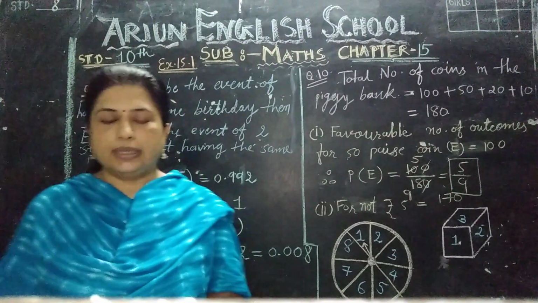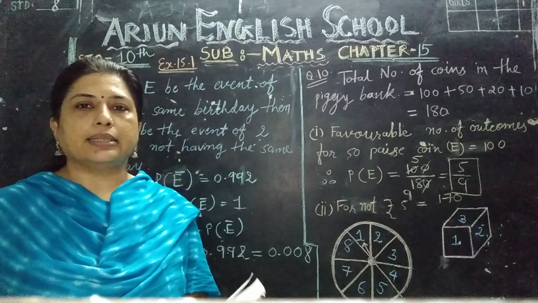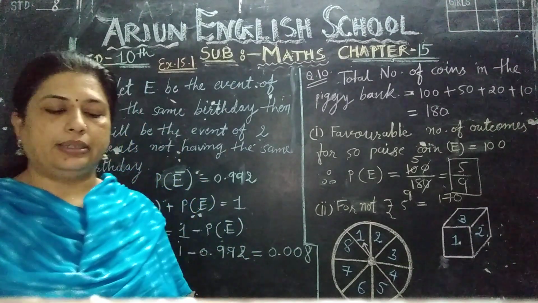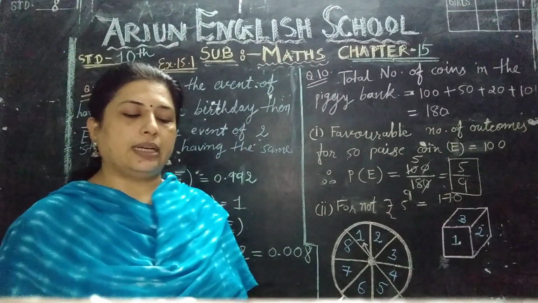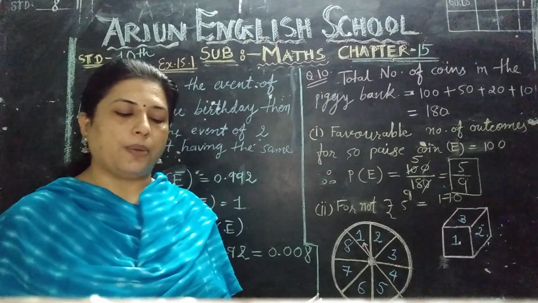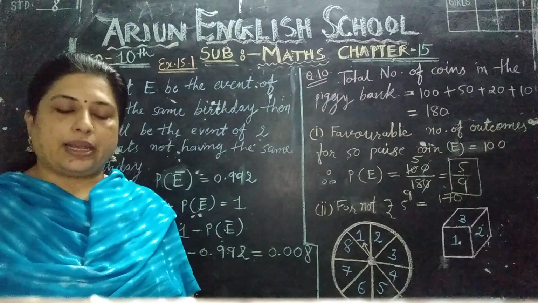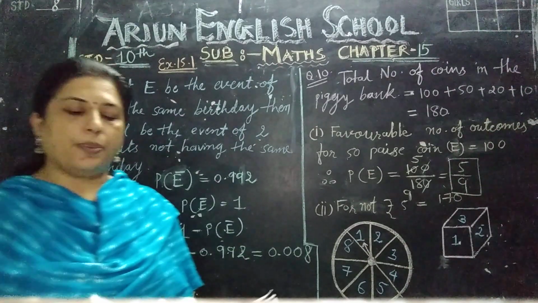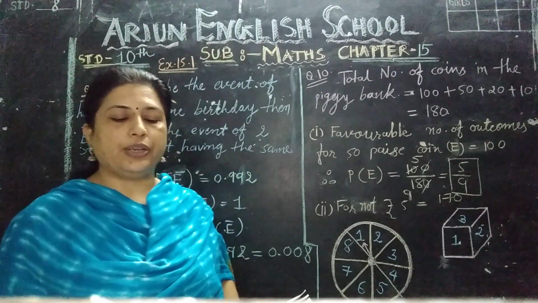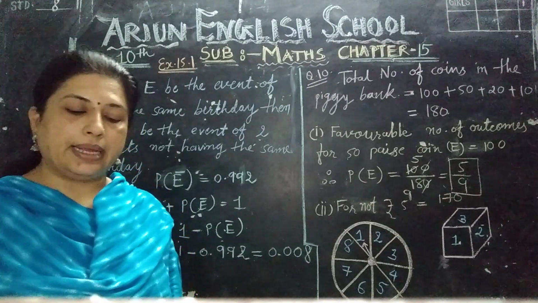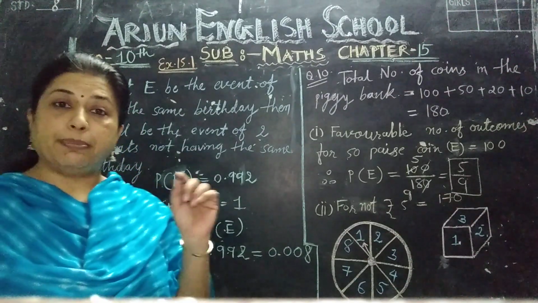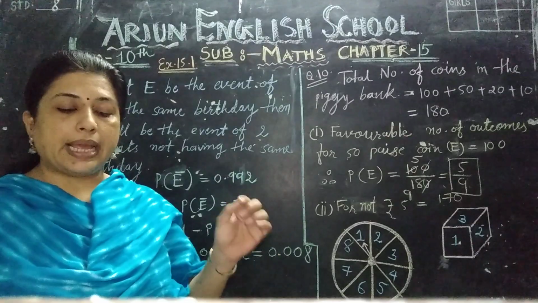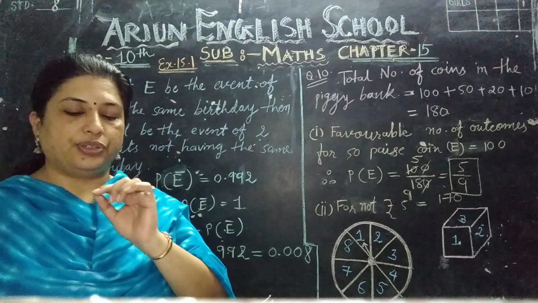Now let us see in the exercise question number 11. Gopi buys a fish from a shop for his aquarium. The shopkeeper takes out one fish at random from a tank containing 5 male fish and 8 female fish.